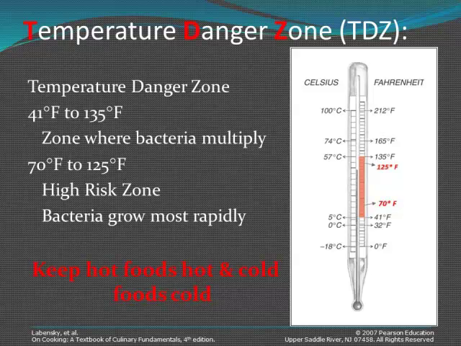More importantly, the high risk zone is a second range within that first one, and that is between 70 and 125. Between 70 degrees and 125 degrees, bacteria will grow the most rapidly. If you look at 70 to 125 and ask yourself, what's about the midpoint? 98, 98.6.